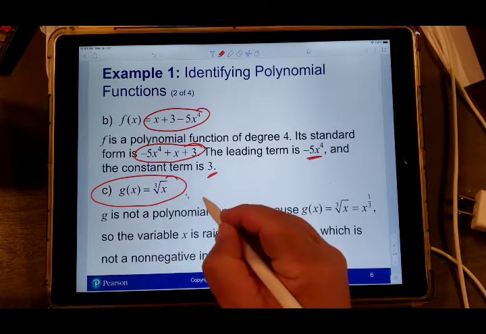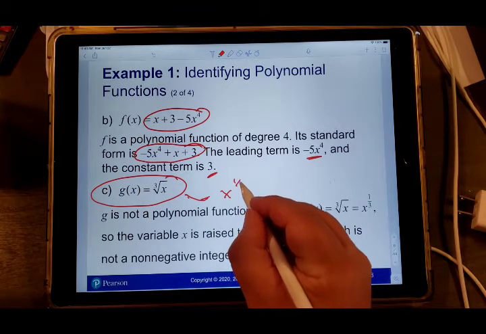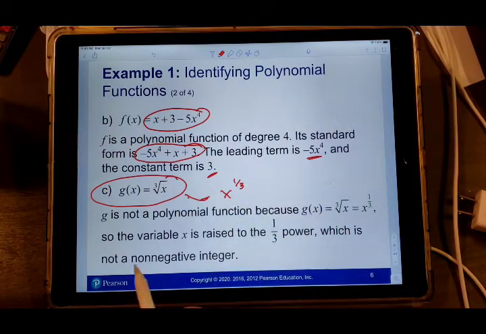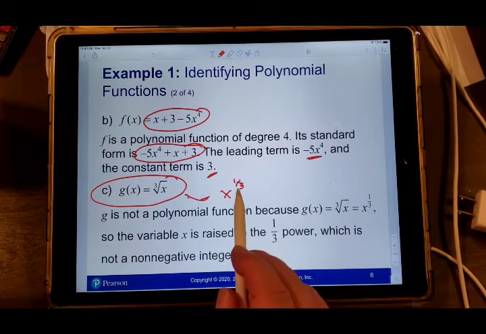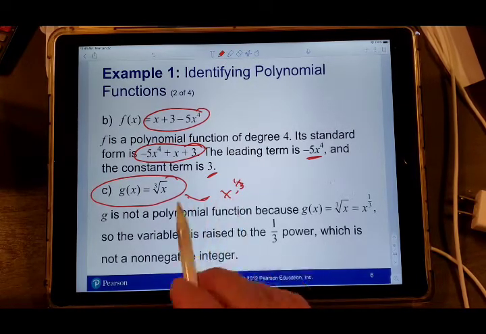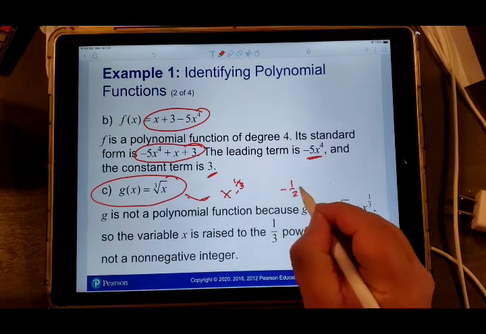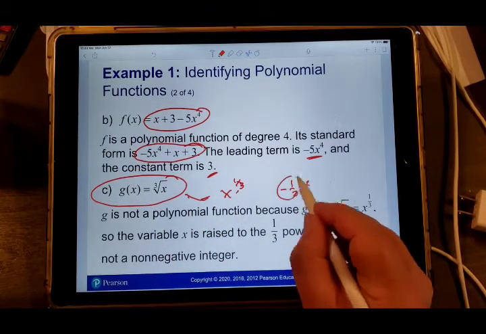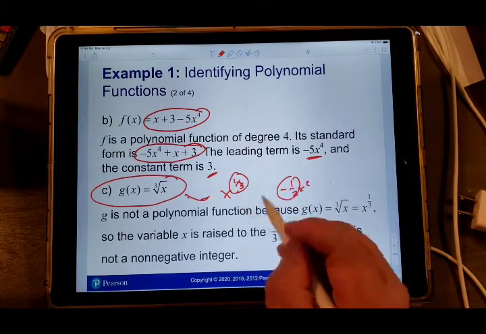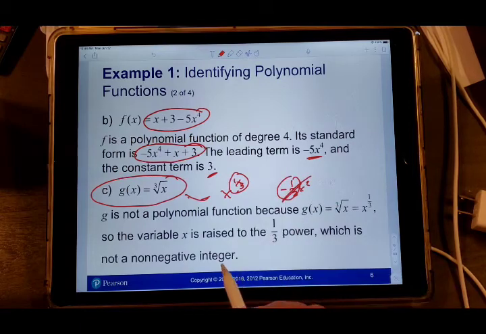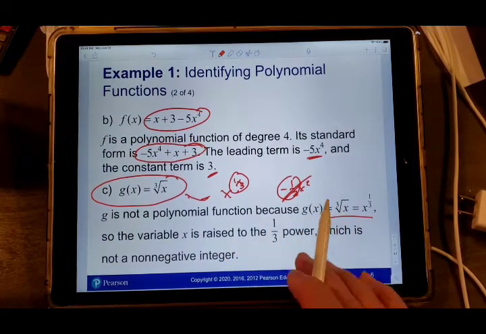Hopefully you know that we can change this to x to the 1/3, and fractions in the exponent are allowed. Now, fractions in the coefficients were fine. We saw that earlier. We saw a term that was minus 1/2 x squared. Nothing wrong with having a 1/2 for the coefficient, but you can't have a fraction for the exponent and still call it a polynomial. So, not a polynomial.